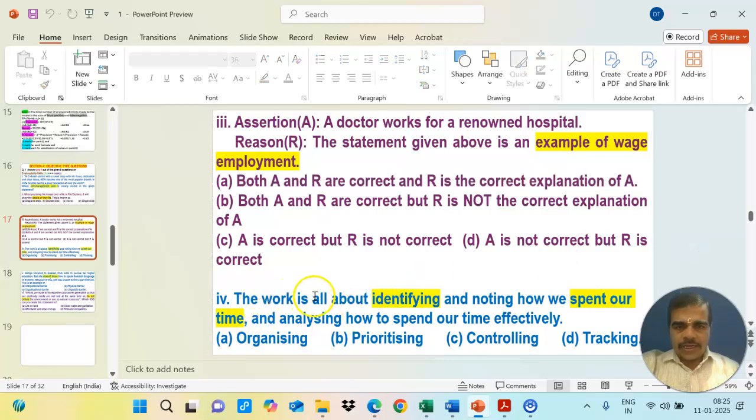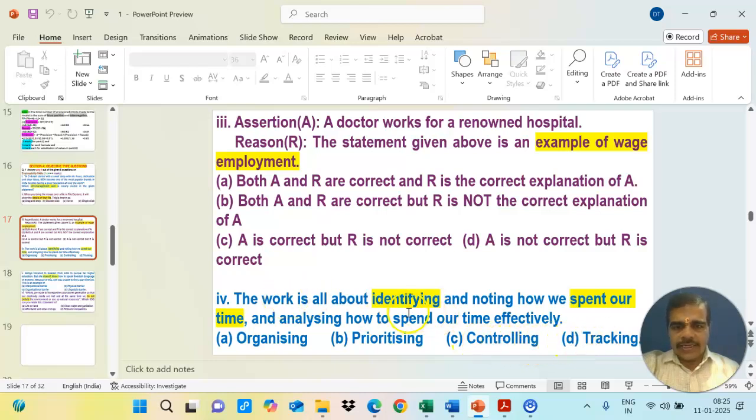The work is all about identifying and noting how we spend our time and analyzing how to spend our time effectively. The options are organizing, prioritizing, controlling, tracking.